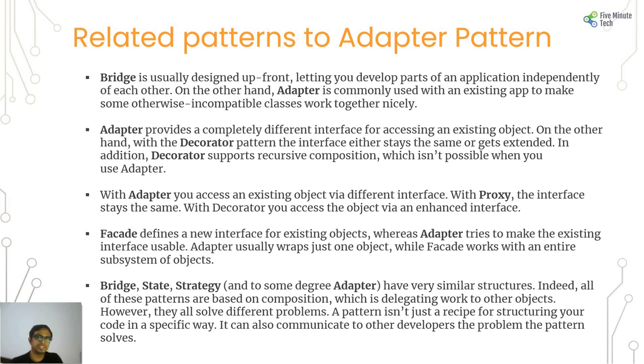That is the difference between the adapter and decorator patterns. With proxy, the interface stays the same, but you can add additional functionality to it. A facade defines a new interface for an existing object, whereas adapter tries to make the existing interface usable. Similarly, bridge, state and strategy, which we will be covering in our sessions, have similarities.